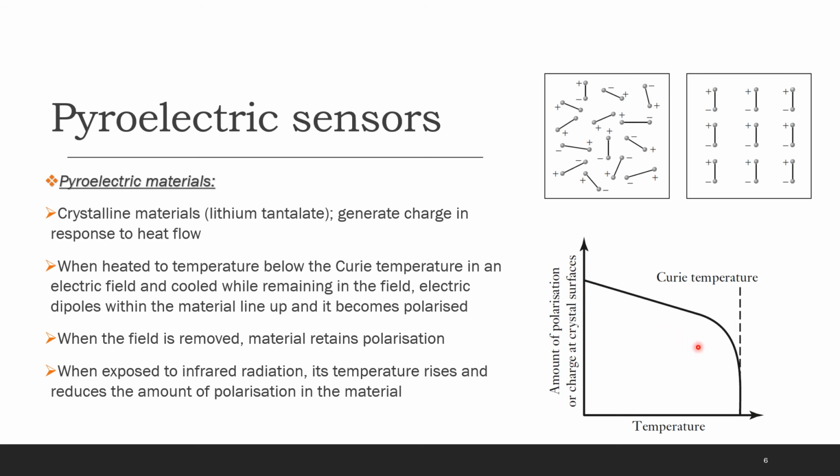Now the Curie temperature is the temperature beyond which the material behaves completely differently. There will be no polarization if we heat the material above the Curie temperature. This is how the pyroelectric materials behave, and this behavior is utilized to form the pyroelectric sensors.